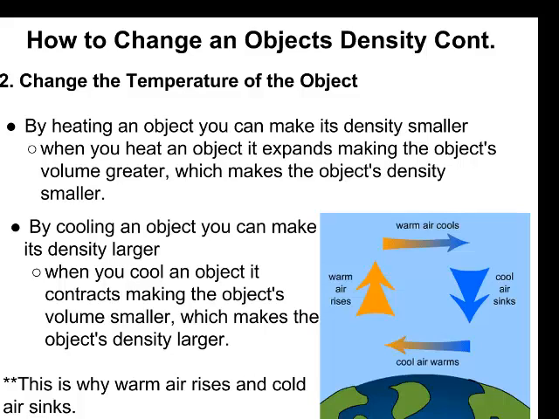Again, this is only affecting volume, it doesn't affect mass. So this is why cold air sinks and warm air rises. And again, this is only affecting volume. It's not affecting the mass.